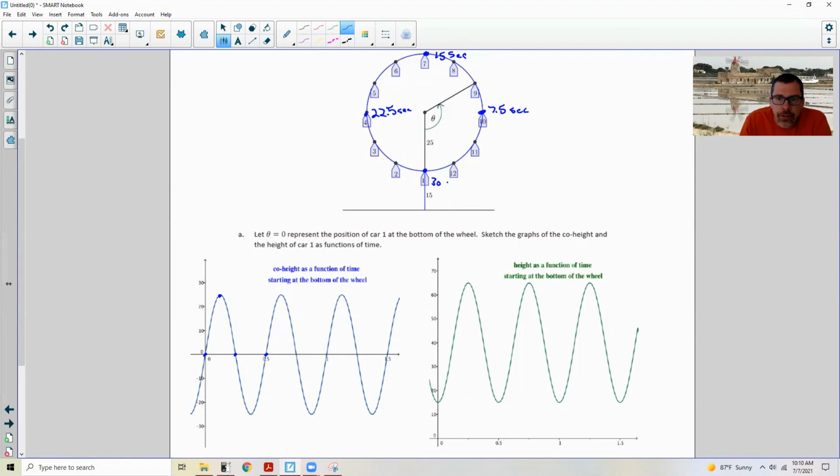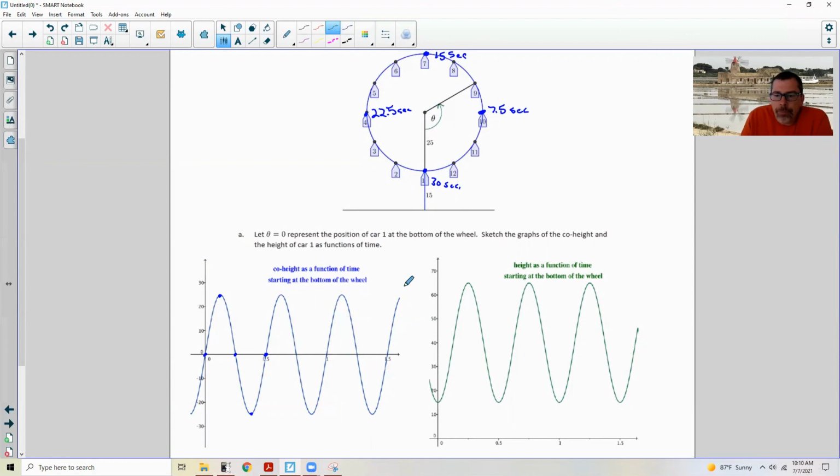This is 30 seconds. At 22.5 seconds, we're 3/4 of the way around. We're at -25 right here. And then going back up to 30 seconds, or half a minute, we're back at the beginning where our co-height, left-right distance, is 0. And that repeats every time you rotate. So there is the graph of the function.